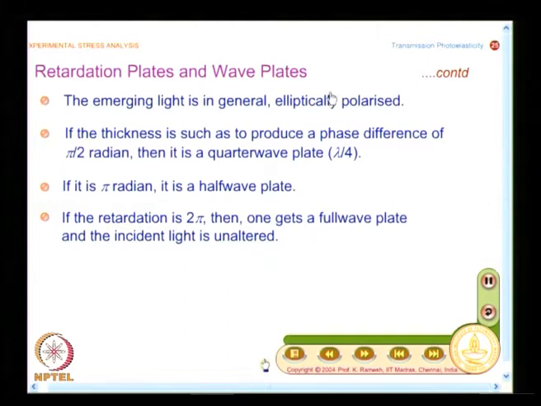And this understanding is very important. Even before we go and find out the expression for delta, a clue is given and the sketch was also drawn that thickness is one parameter which I could play with to get different values of retardation. That is the simplest.